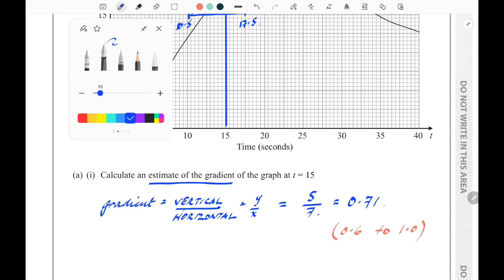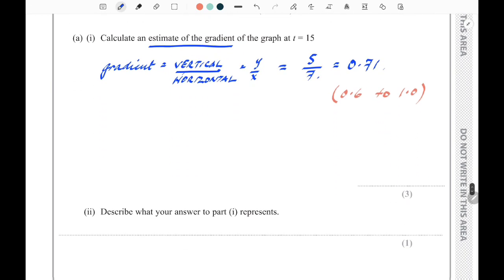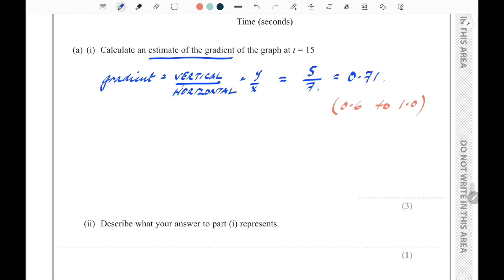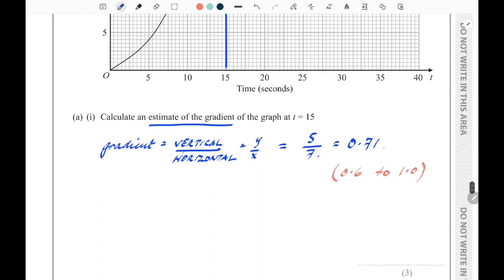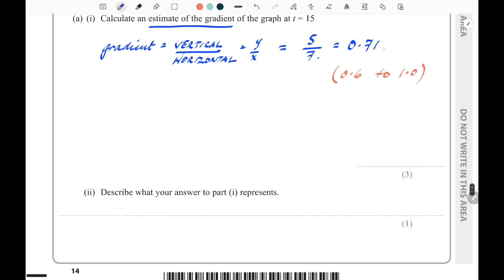Okay, so that's the estimate of the tangent, and part 2 of part A, describe what your answer to part 1 represents, and remember the slope of a speed time graph is actually the acceleration, all right? It's the rate of change of the speed.